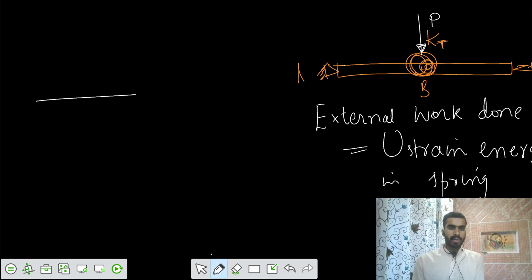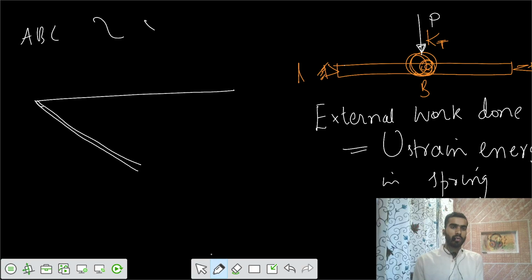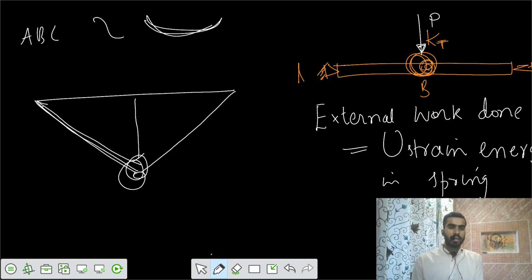Because your beam is rigid, ABC is rigid, that means it won't have any deflection, but it would remain as a straight member. And at the midspan we have attached a spring. So the delta developed here is developed because there is some spring.